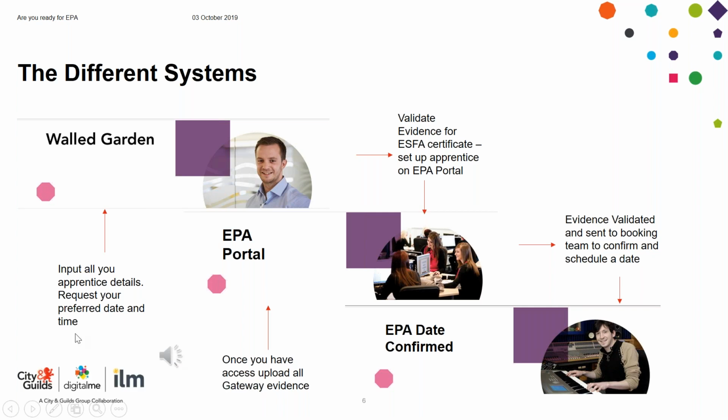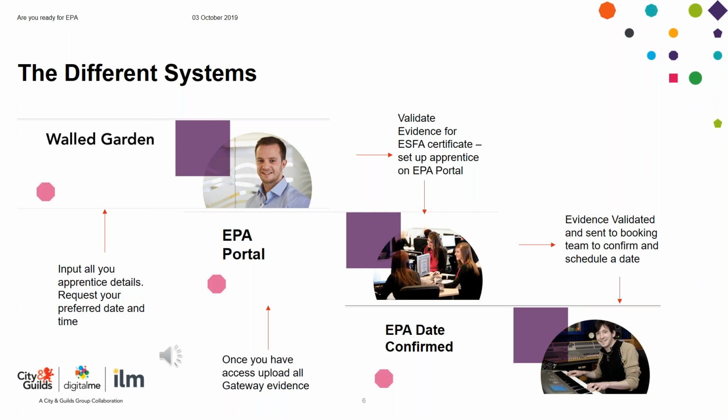evidence, including certificates, evidence of English and Maths attainment, and the mandatory qualification, and the gateway declaration form. If required, you will also upload any evidence required as part of the assessment process.